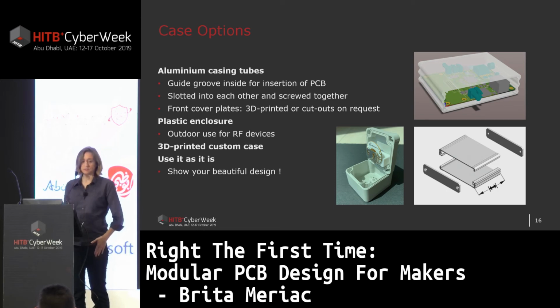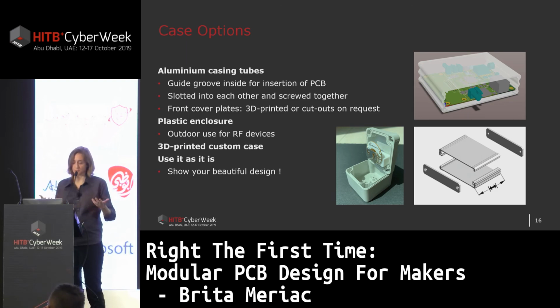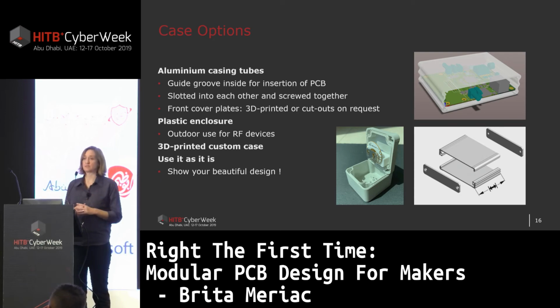The other advantage is the front covers can have custom-made cutouts, or can be 3D printed, or can use a cardboard front cover for prototype and later let it be steel.